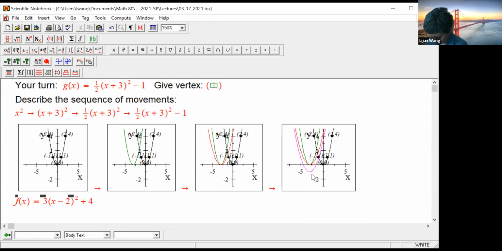Come on, guys. After all those shifting, where is the vertex? No answer. Come on, guys.